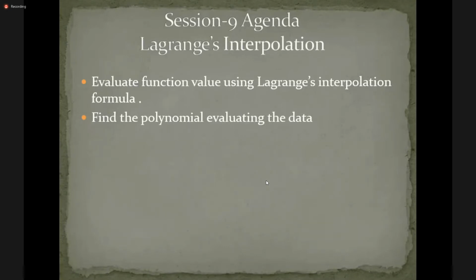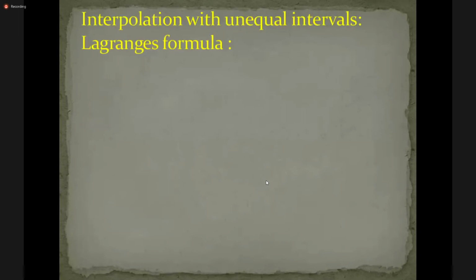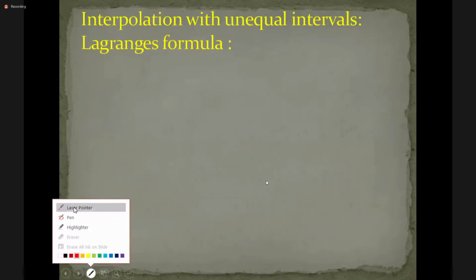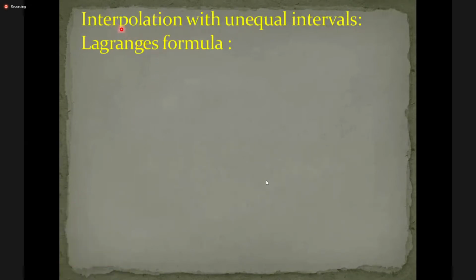Whenever we are given n pairs of x and y, the maximum degree polynomial that exists is n minus 1. Sometimes it is a lower degree also, but maximum up to n minus 1 degree, which we have already seen. Come to the formula here, and one of the most important things, already given as a heading, is interpolation with unequal intervals.